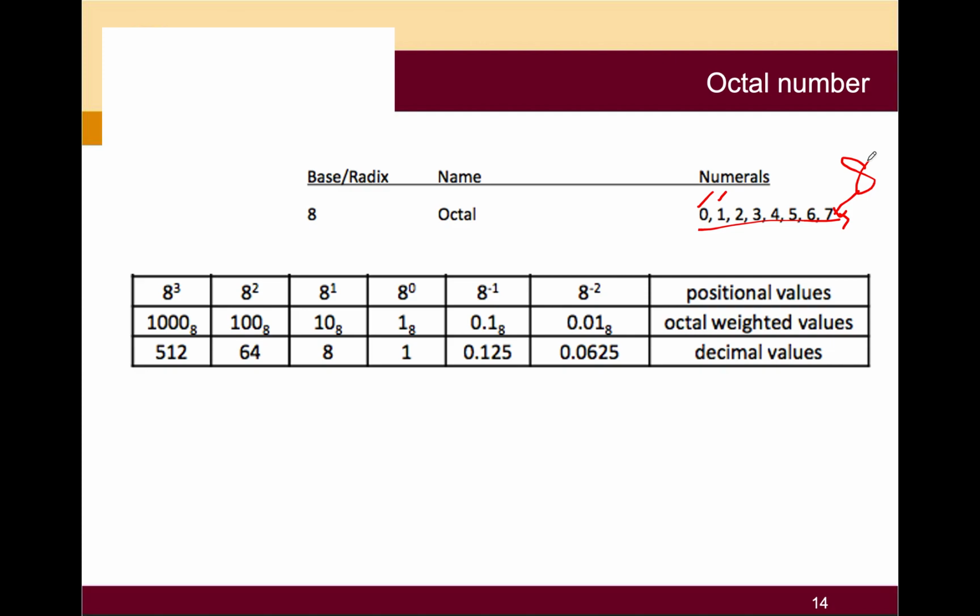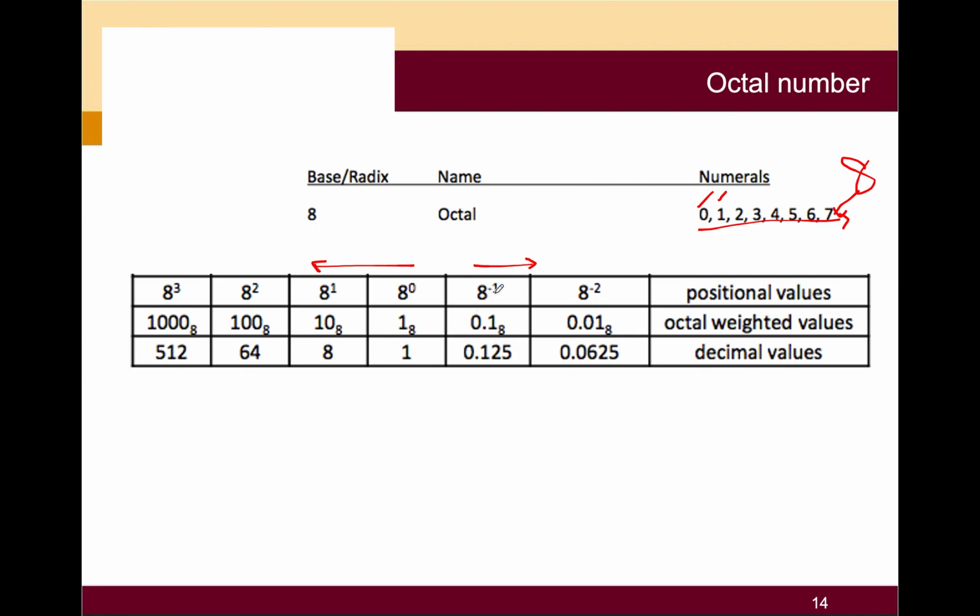The examples are like this table, similar to decimal, binary, and also hexadecimal, which I already jumped to straight from binary before we go to octal. Same also, to the right we have negative, and to the left we have positive.